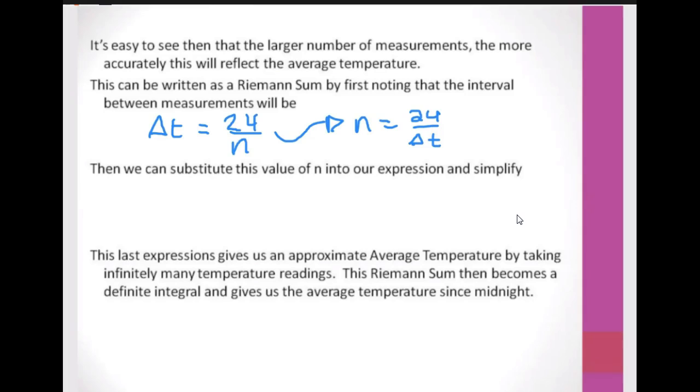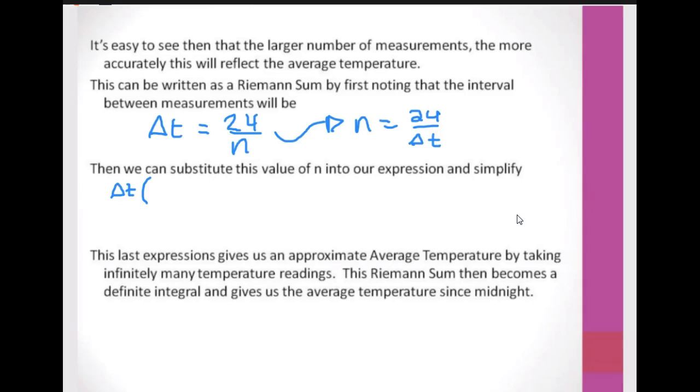So if it was every hour, then delta t is 1. If it was every half hour, then delta t is 0.5. If it's every 2 hours, then delta t is 2. So delta t can kind of be factored out because that would represent your width.